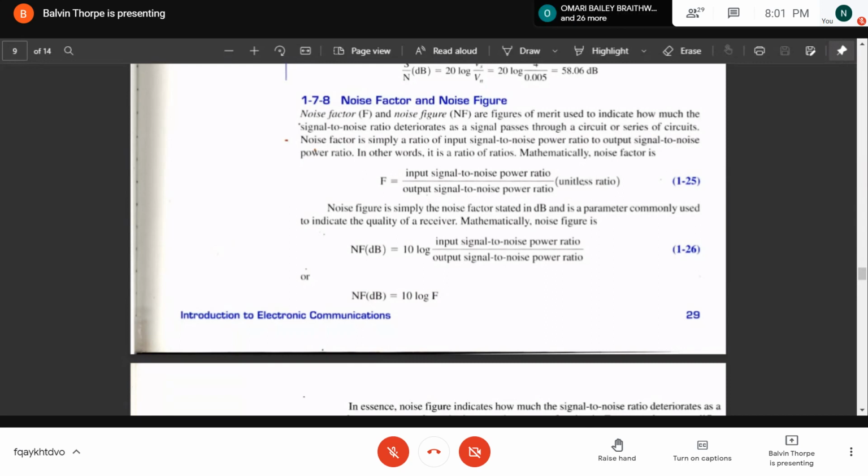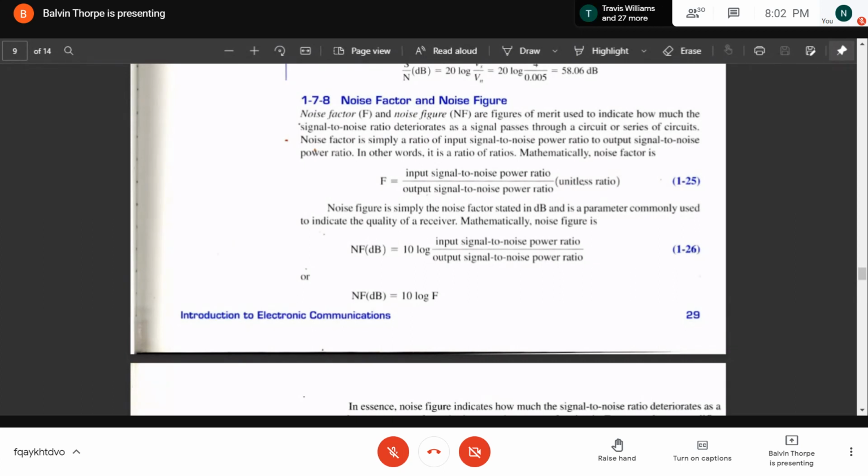We started last time by mentioning that you have what is called noise factor, denoted by a capital F, and we have what is called noise figure. So the factor comes before the figure.